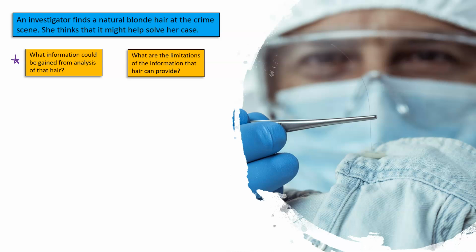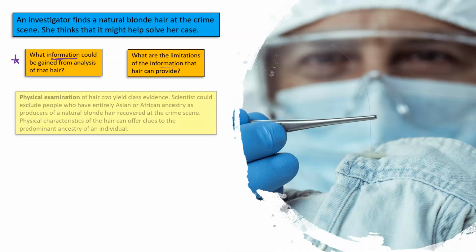But what, if any, information can I gain from analyzing this particular hair, and what are the limitations of the information that the hair can provide? Is it going to solve the case? Probably not. So there are limitations that need to be considered, but there is a wealth of information that can be provided by analyzing the hair.